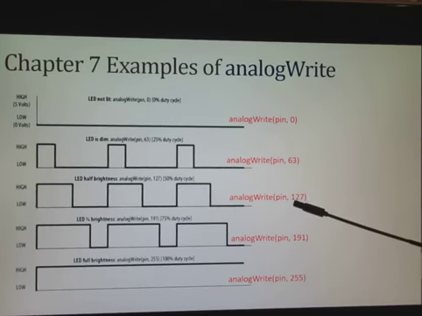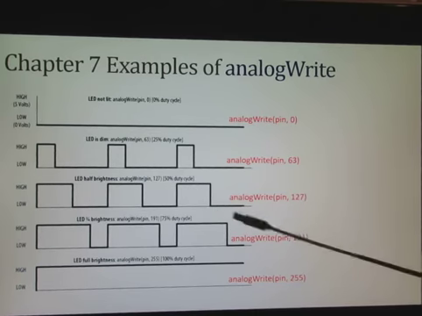And an analogWrite with the pin number and that 127 value gives you a 50% duty cycle, and so on. And 255 is always on. So you can vary the duty cycle of your pulse width modulation using analogWrite.